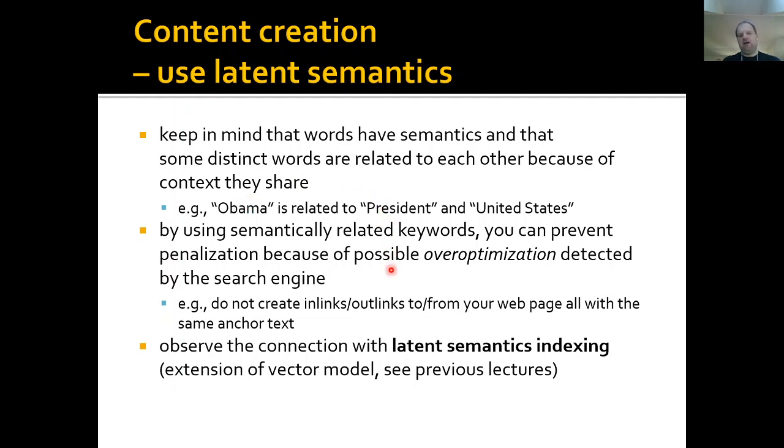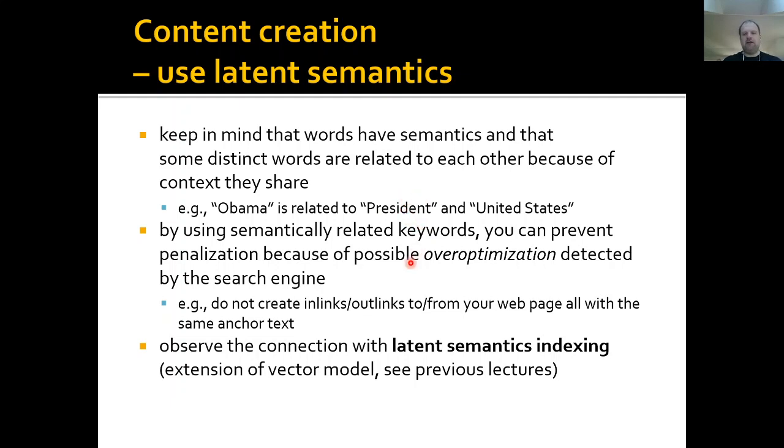And it's not only for a better style of writing, but it's also because of the danger of over-optimization that could be detected by the search engine. If we still use president, then the search engine could detect, oh, this page really wants to highly weight the term president, and this is somehow odd.